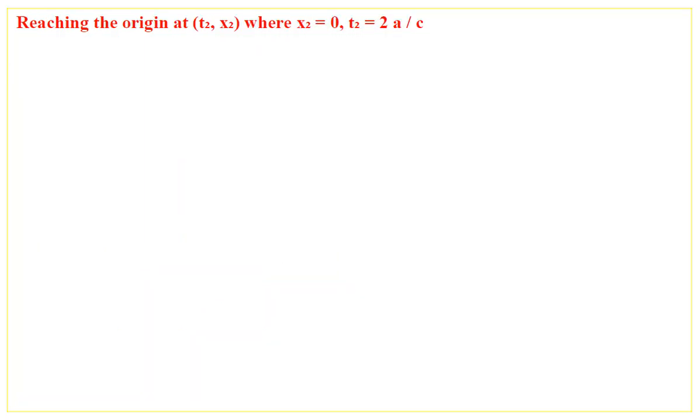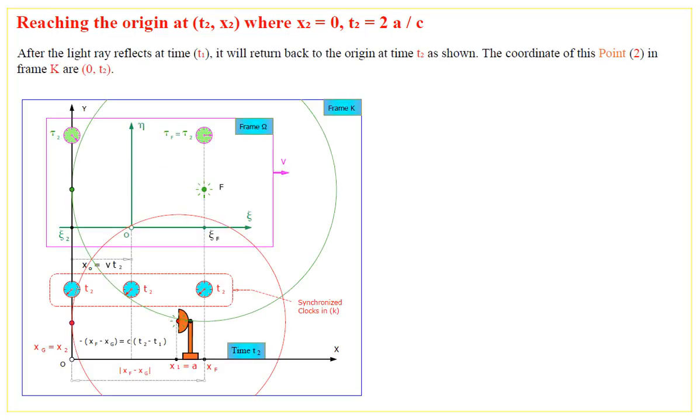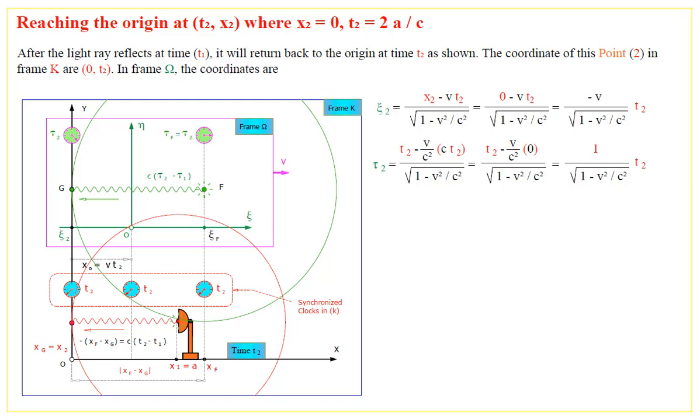Reaching the origin at t2, x2, where x2 equals 0, t2 equals 2a over c. After the light ray reflects at time t1, it will return back to the origin at time t2 as shown. The coordinates of this point 2 in frame k are 0, t2.